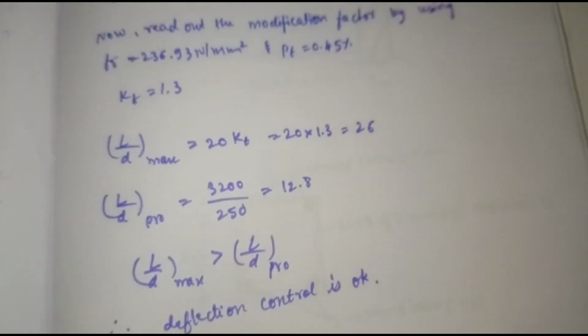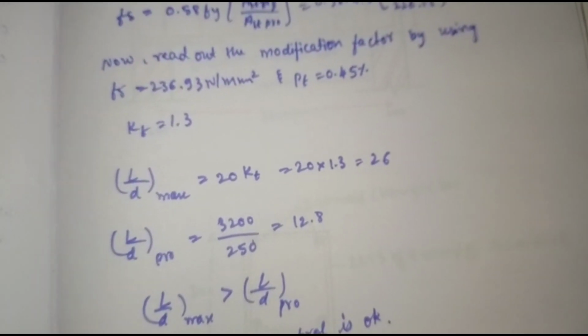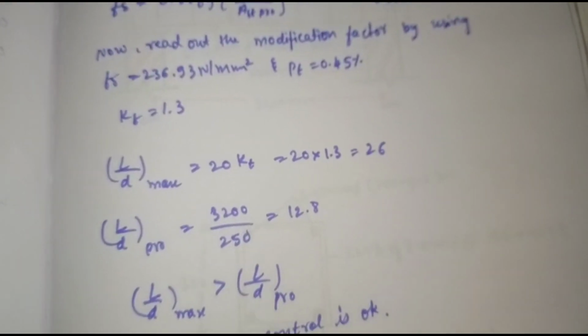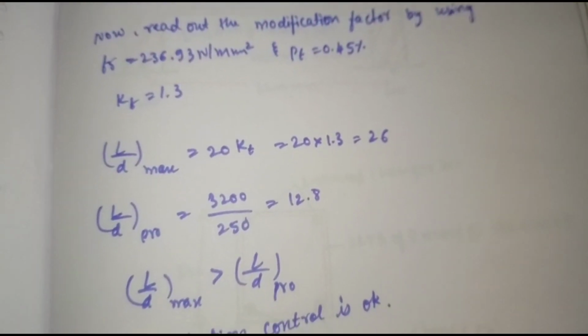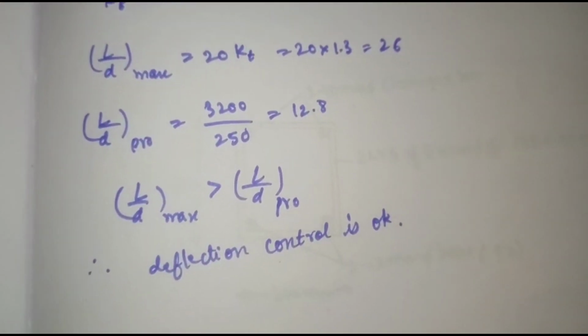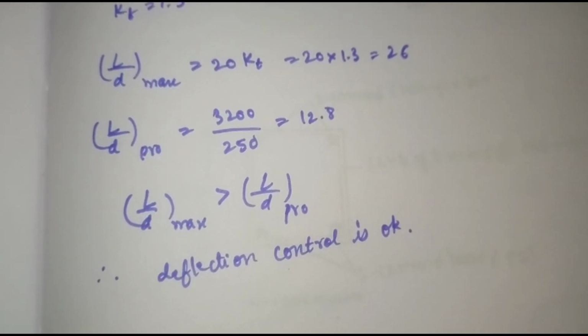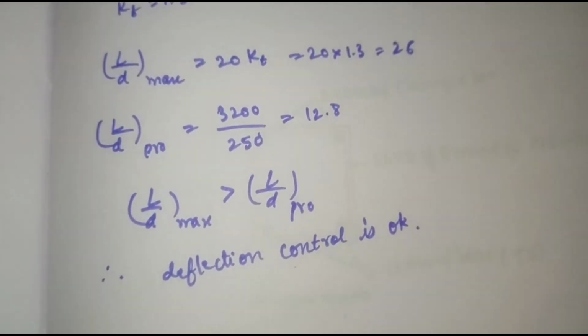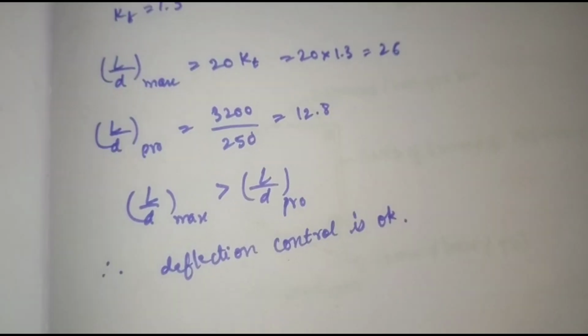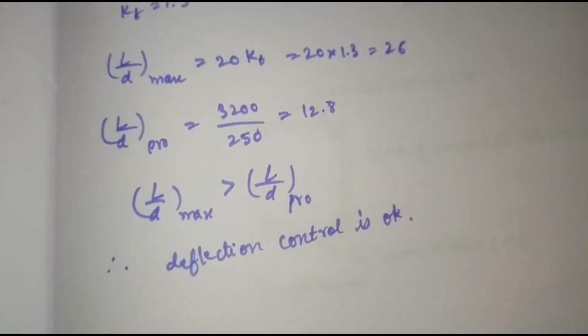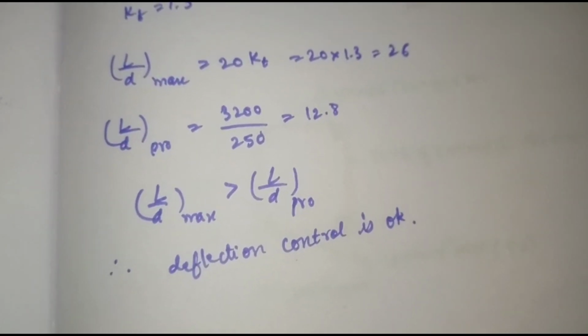This is the last step of this problem, and the next step is drawing of reinforcement details. Without the drawing, the problem has no value. So we'll see the drawing of reinforcement details of this problem.